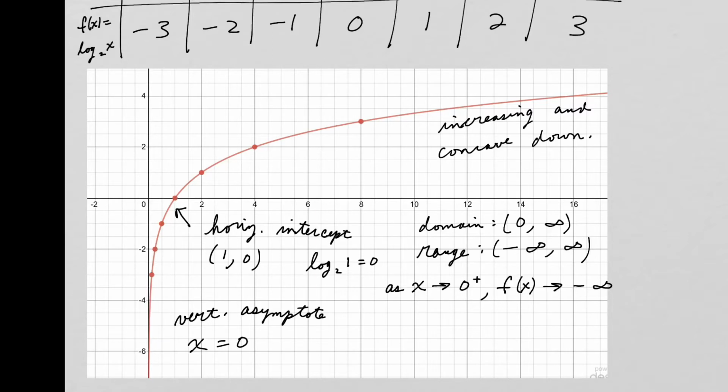So that's why we have a vertical asymptote at x equals 0. And if we go the other way, as x approaches infinity, as this input gets larger and larger and larger, the function's growing, and it's going towards infinity, but it's doing so very, very slowly. So you may have heard that logs grow slowly, and that's what they mean by this. So the function is going towards infinity, but very slowly.